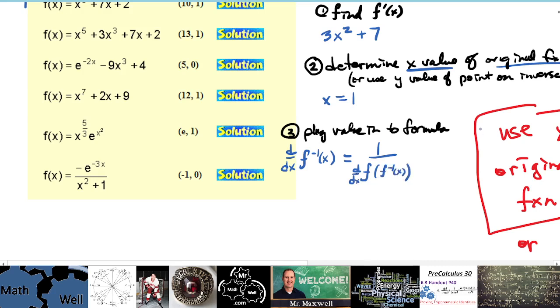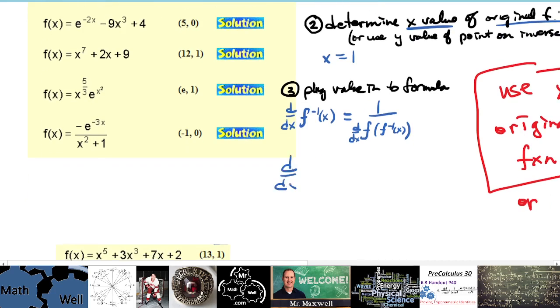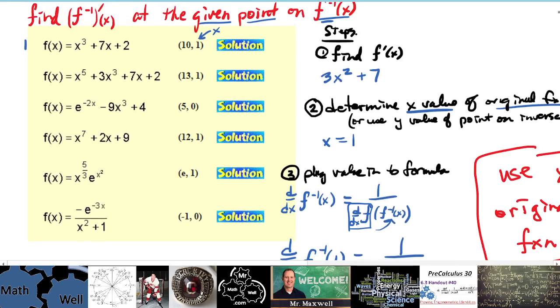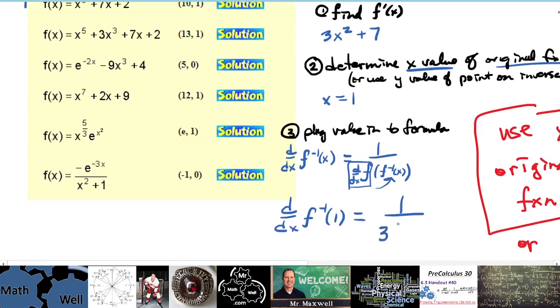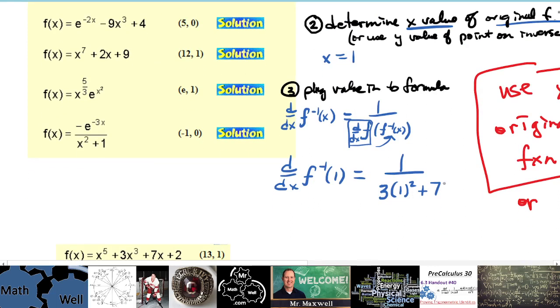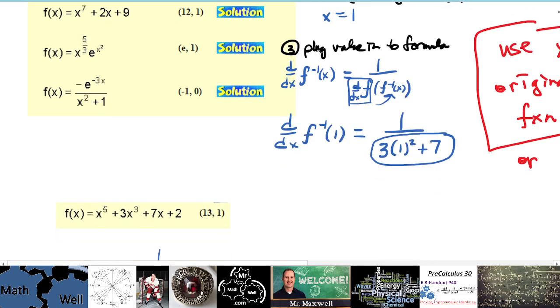So that's our formula, which means this is very simple. d/dx of f to the negative 1 at 1 is going to be 1 over the derivative of f evaluated at 1. So from above, 3x squared plus 7 is going to be 3 times 1 squared plus 7. So it's simply the reciprocal of the value of the derivative at x equals 1 on the original function. It's the reciprocal. So this equals 1 over 10.